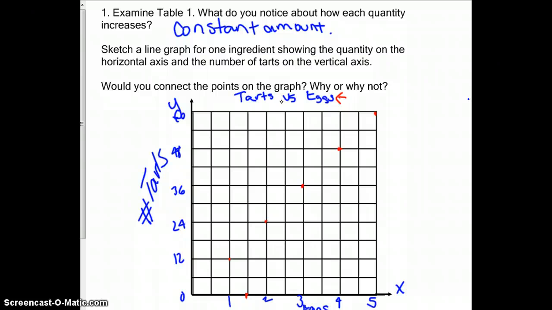So here we have tarts versus eggs. Then once you plot the points on the graph, the next question says, would you connect them, why or why not? In this case, you would not connect the points because, for example, you cannot have half an egg. So since there is no middle value between your x values, we do not connect the points.